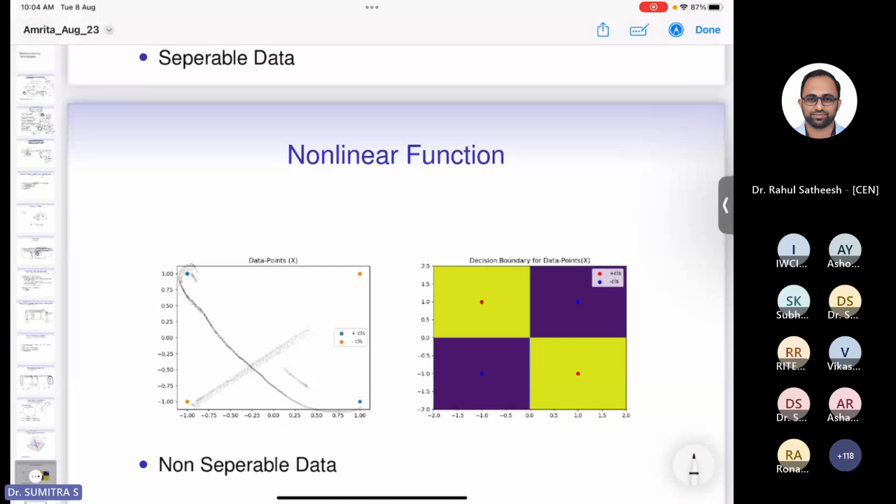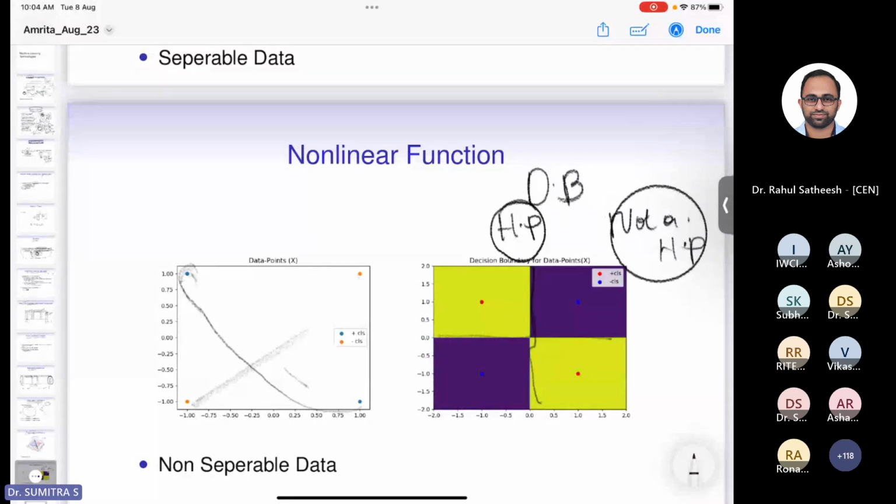For that, I need a more complicated decision boundary, which is no longer a hyperplane. So decision boundaries can either be a hyperplane or not a hyperplane. Usually it is a nonlinear function.